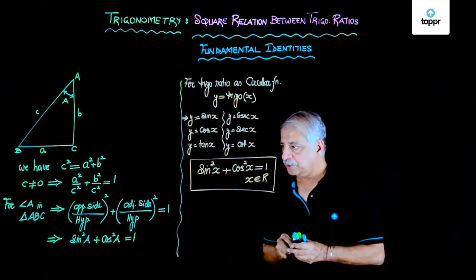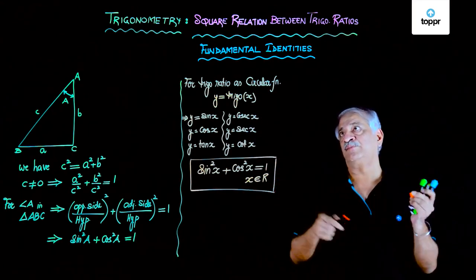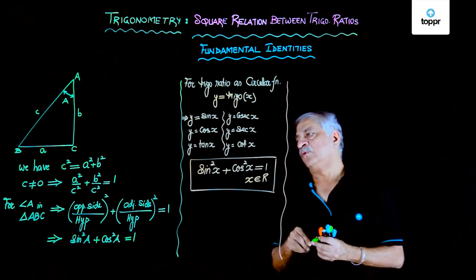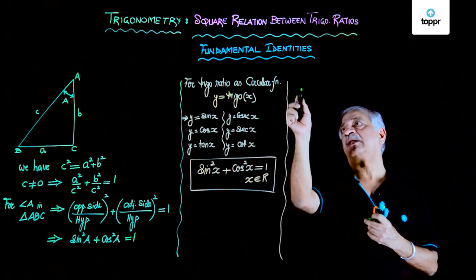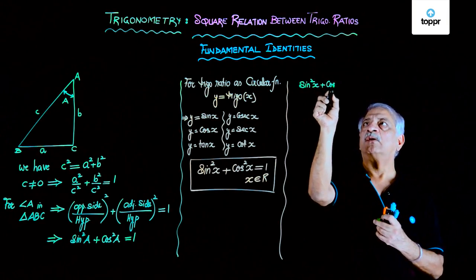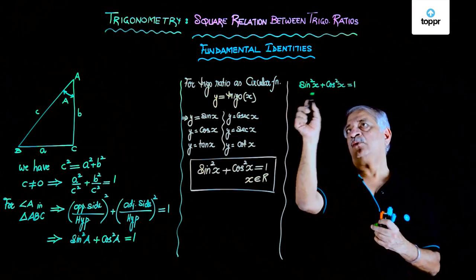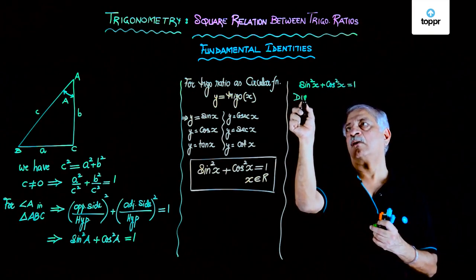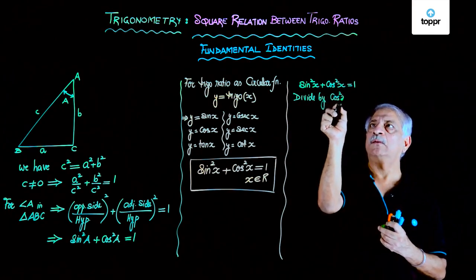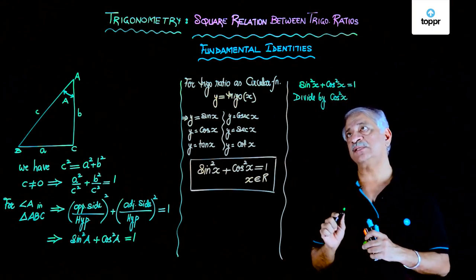Now, we take up this particular identity. From this fundamental identity, sin square x plus cos square x is equal to 1, we divide by cos square x.